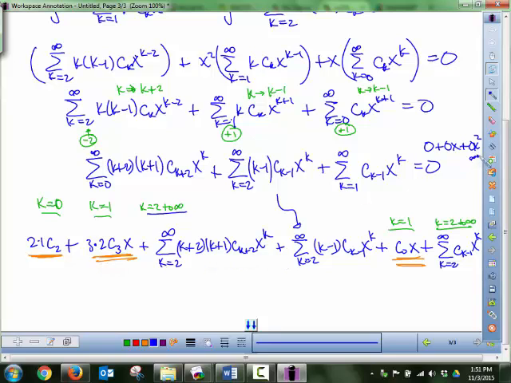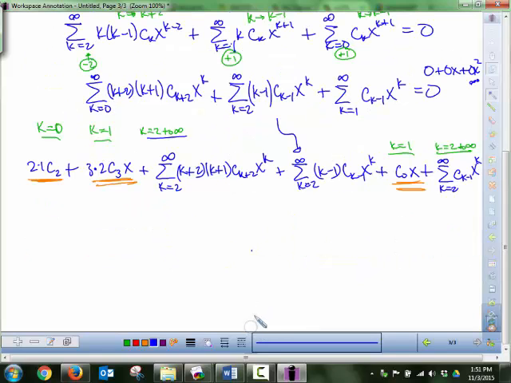And then, starting with my quadratic term, I can start using the summation. Actually, let me write this down in one more step, just to make that a little clearer. So I have 2 times c2. That's the constant term, plus 3 times 2 times c3 x, and then plus c sub 0. That's my linear term.